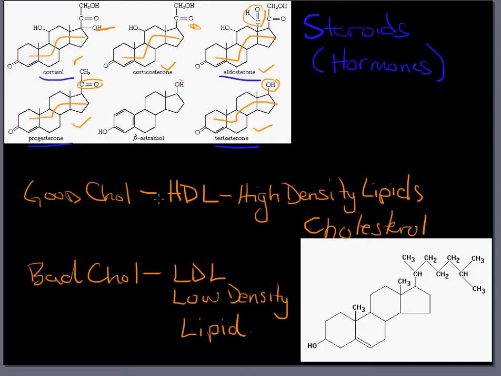And the key to understanding this is this word right here. So something that has got high density. Remember what density actually equals. Density is mass over volume. So something that has a high density has a large mass but a small volume.